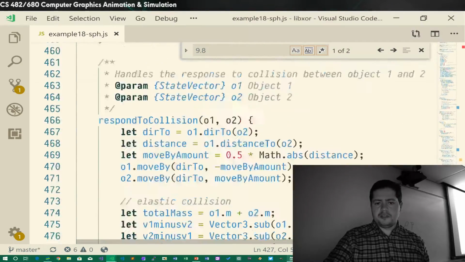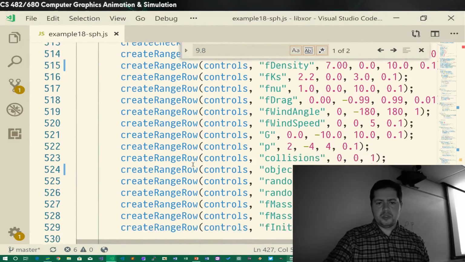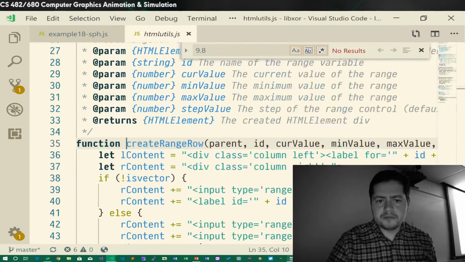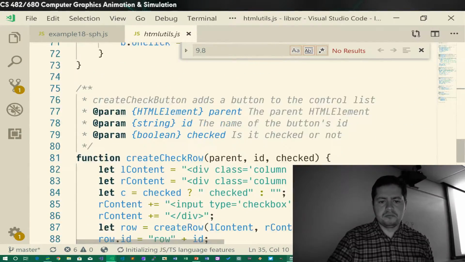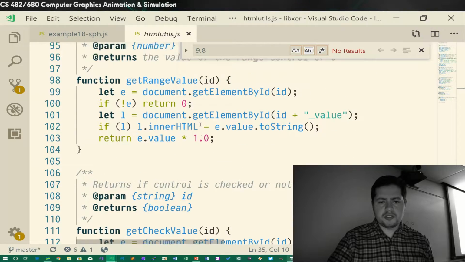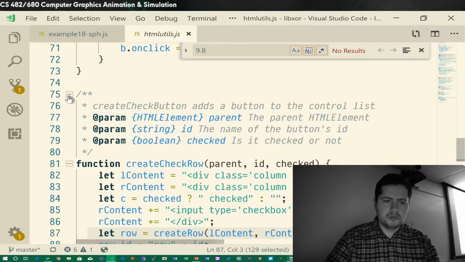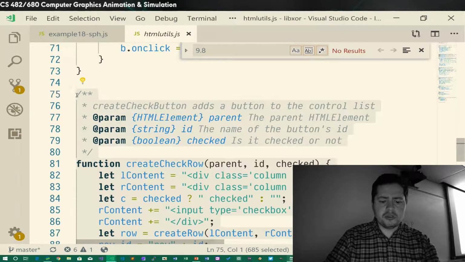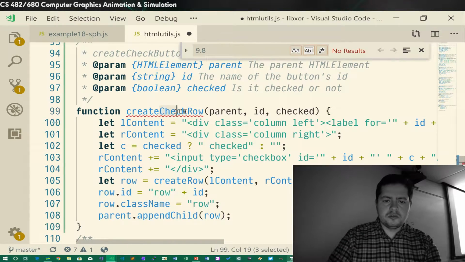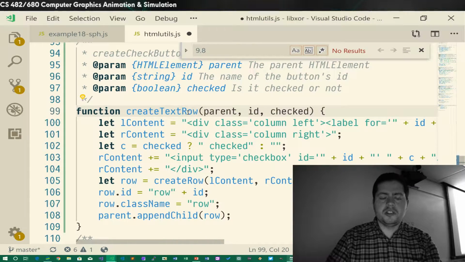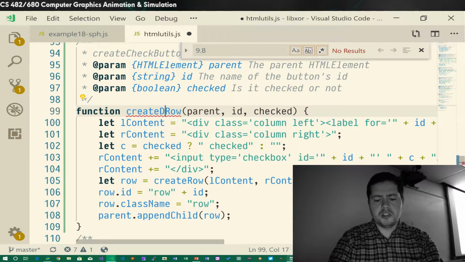I don't remember if we have these range rows, or something similar. Let's check. Instead of creating a checkbox, we're going to create a text box, not like a label. We're going to call it a div row.